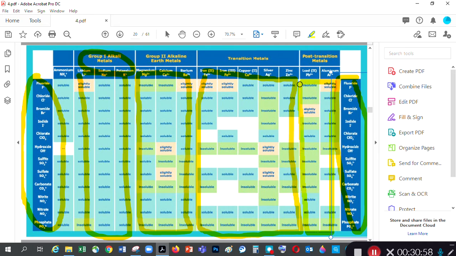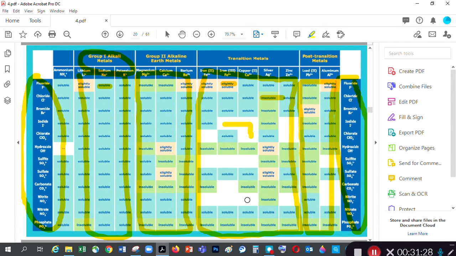So now, if you look, they are color coded. The green is insoluble. The light purple here is slightly soluble. The white ones here are inapplicable. Leave them blank. And the rest is soluble. So the blue one here, the larger, is soluble.